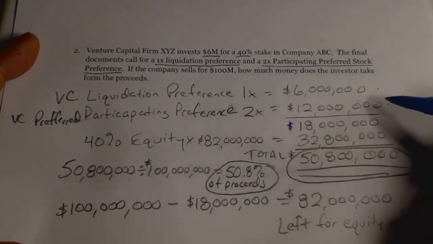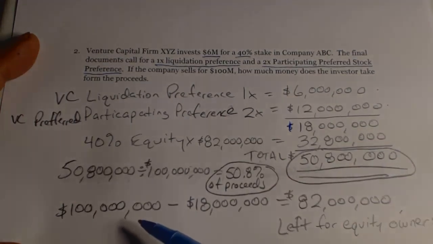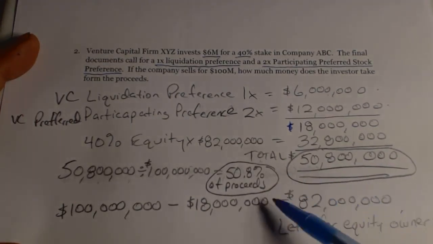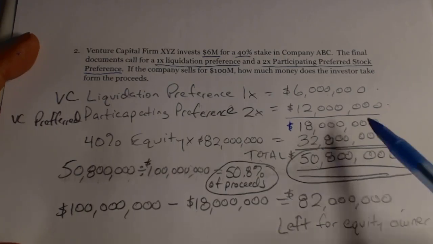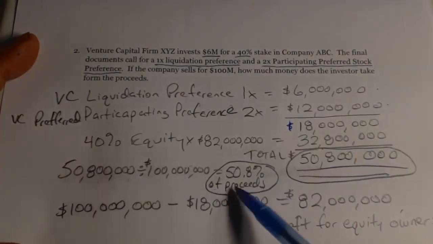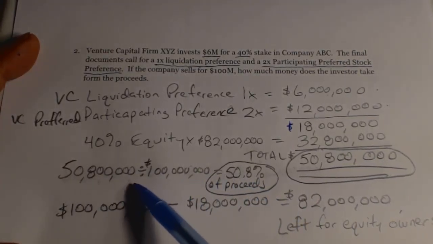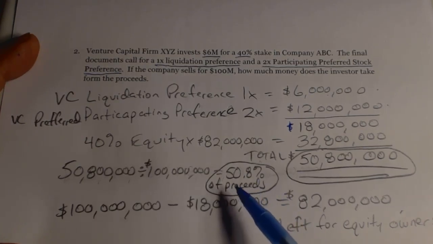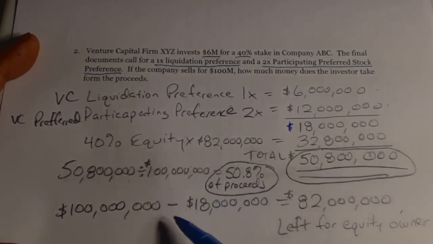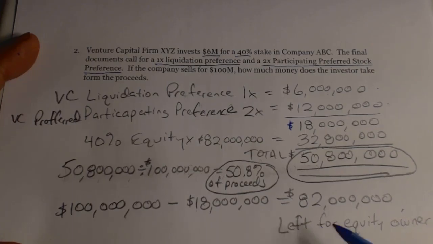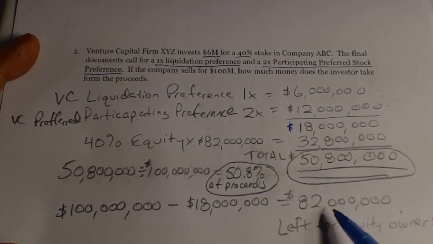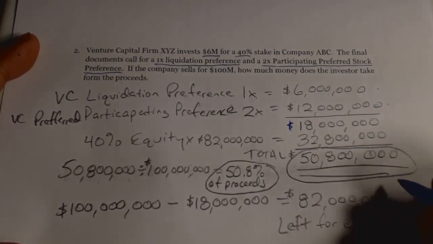You subtract these 2 numbers from what the total liquidation amount was. That gives you what balance is left for the equity owners. He owns 40% equity. So he gets 40% of the 82 million remaining, right?